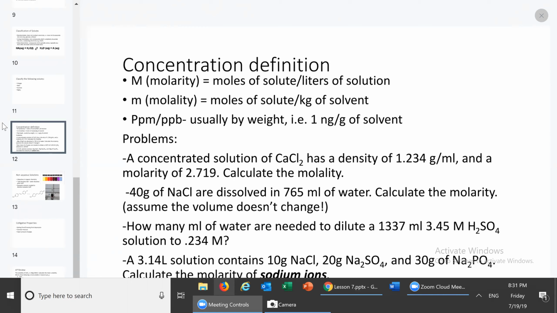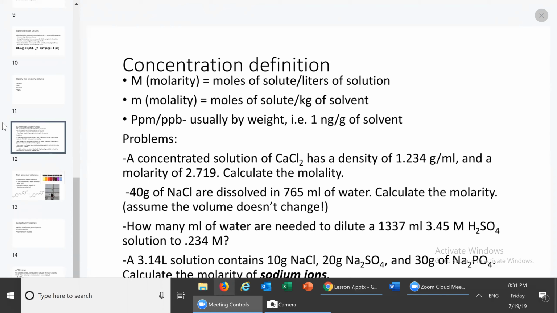Now, molarity is defined as moles per liter of solution, and we are not given the volume of the solution. However, I did say that we assume that the volume does not change, and for most cases you can do this. So, can someone tell me what the volume is in liters?